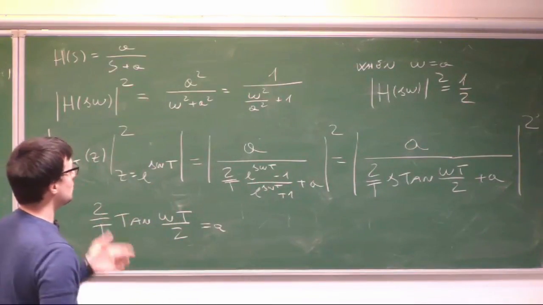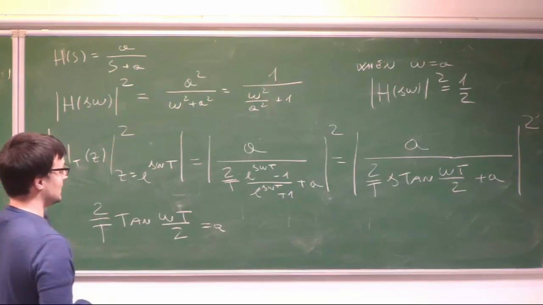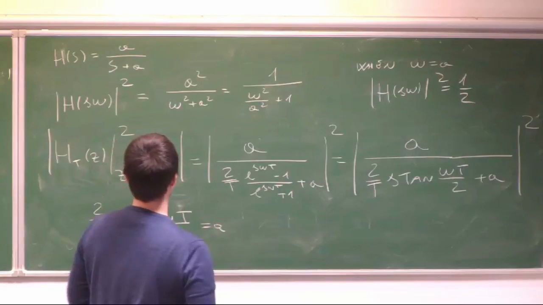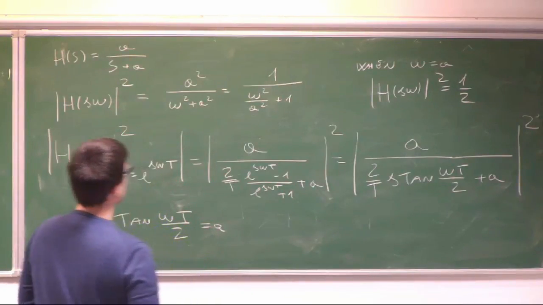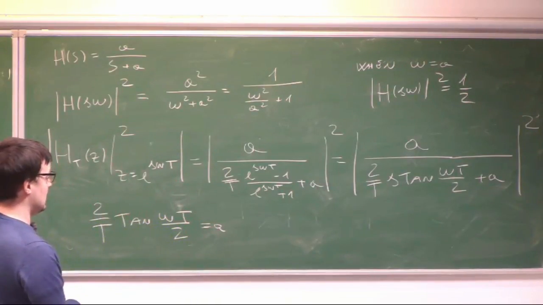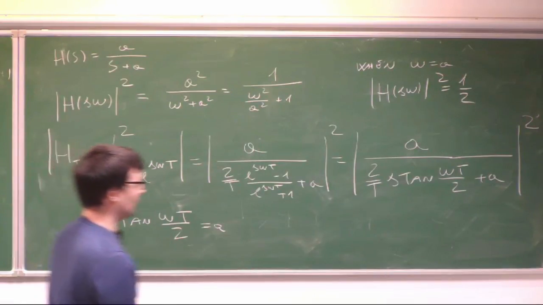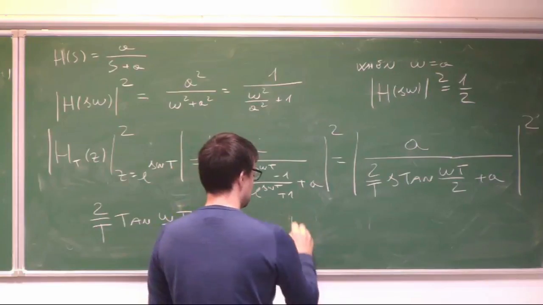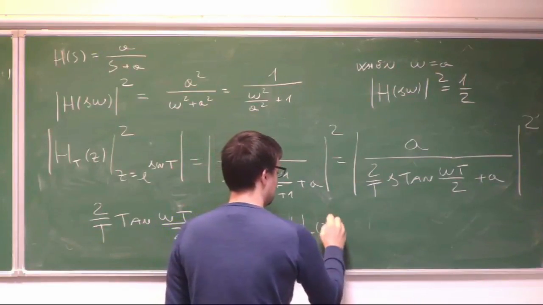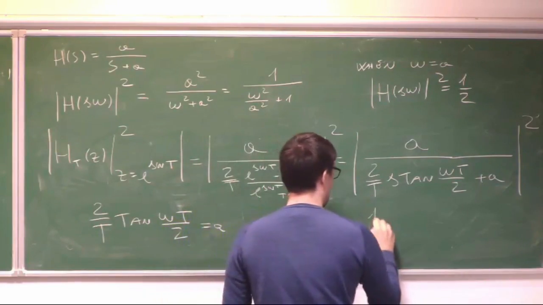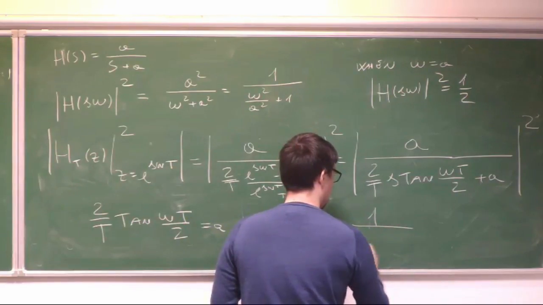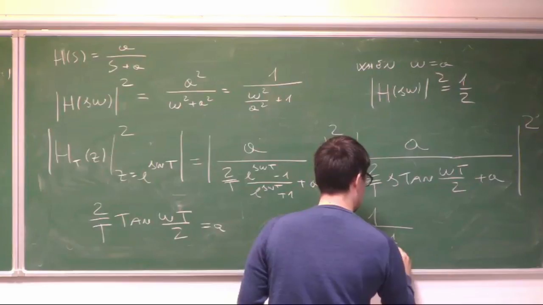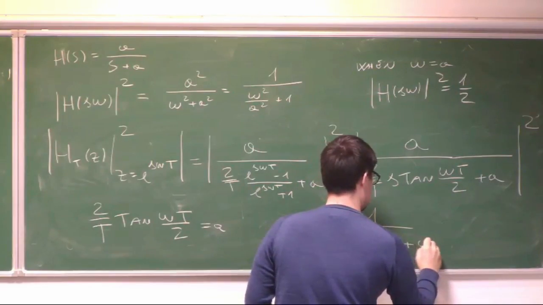So how can we modify the Tustin transformation in such a way that the half power point is preserved, okay? To do so, well, the idea is quite simple, okay? So the original Tustin transformation is basically H(z) equal to 1 over (2/T)(z − 1)/(z + 1) + a, okay?